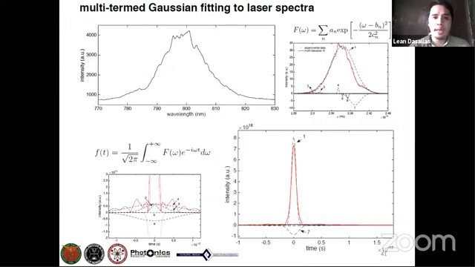And on the other hand, experimentally, it's not always a perfect Gaussian. So what we did is to do some multi-term Gaussian fitting in the laser spectra. And we observed that aside from the main pulse, we have some side band. What we have here is a pre-pulse and post-pulse distribution.